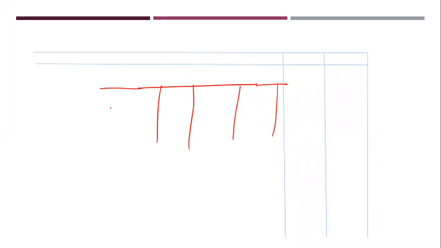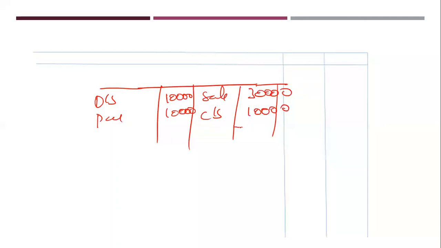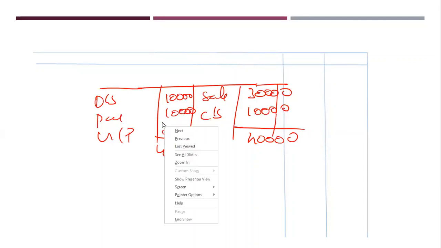As I stated, my opening stock is 10,000, and purchases I have 10,000, and here my sales is 30,000. My closing stock is 10,000. So if I total, it is 40,000, and here also 40,000, and I will be getting a gross profit of 20,000.